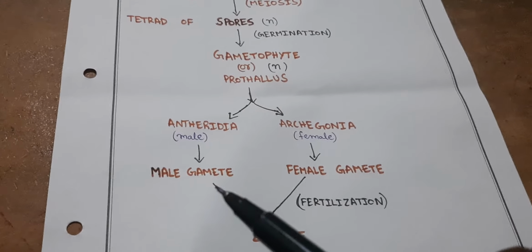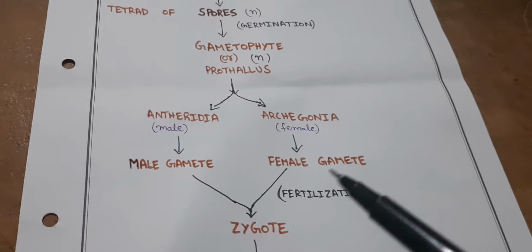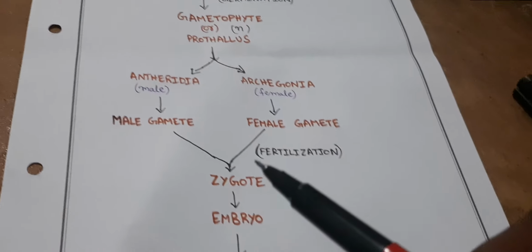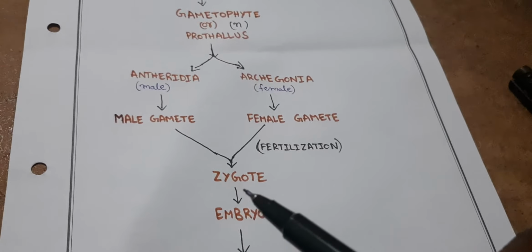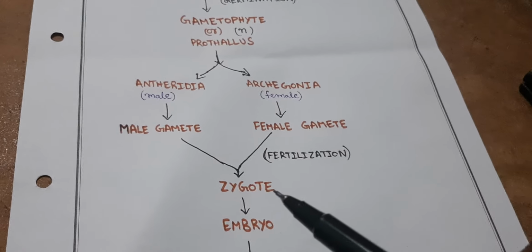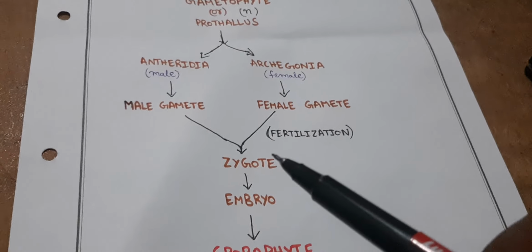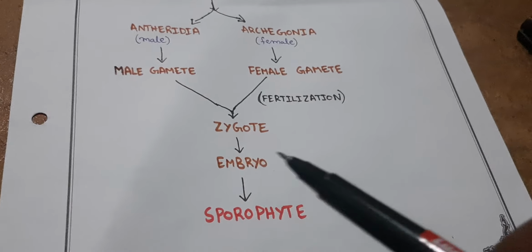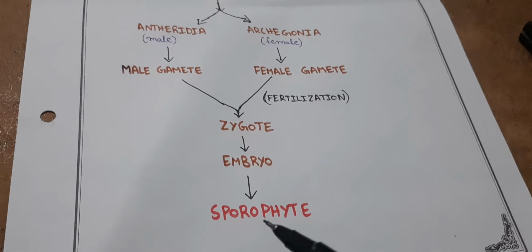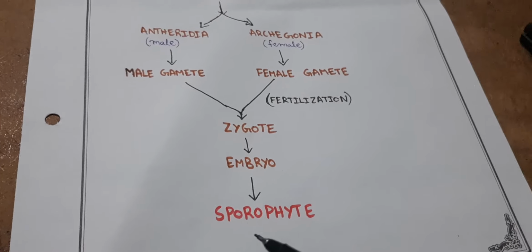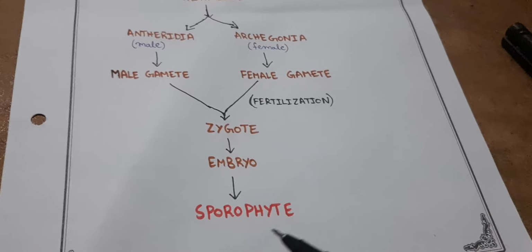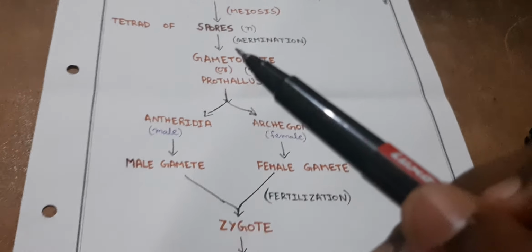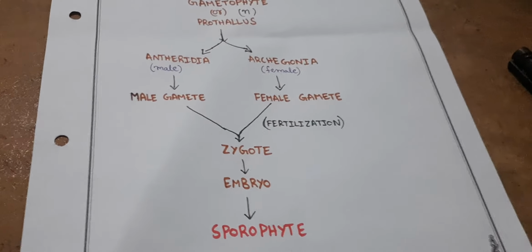Male gamete is biflagellate or biciliate sperm and female gamete is egg cell. So these both fertilize or fuse to form zygote. Zygote is diploid in condition. I forgot to mention here, you please write it down. And zygote on development converts into embryo, and that embryo develops into sporophyte, which is a diploid plant body, and the gametophyte is a haploid plant body. For these two we see alternation of generations.